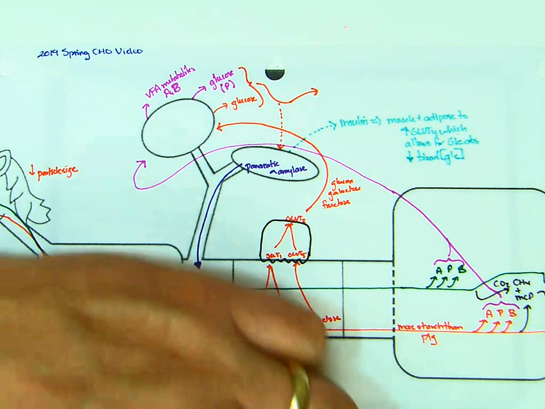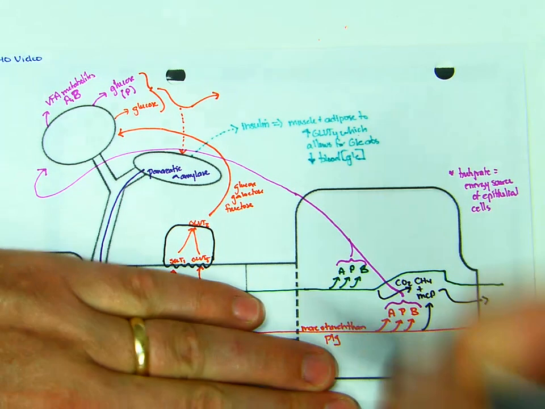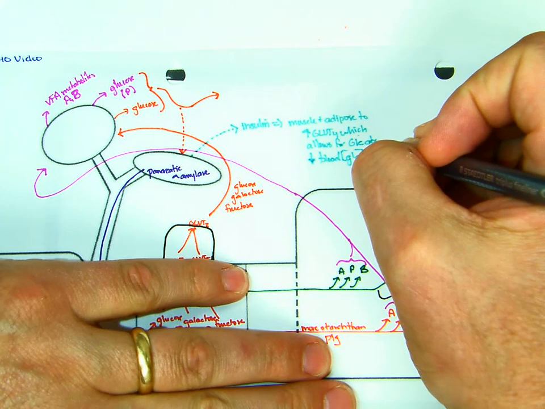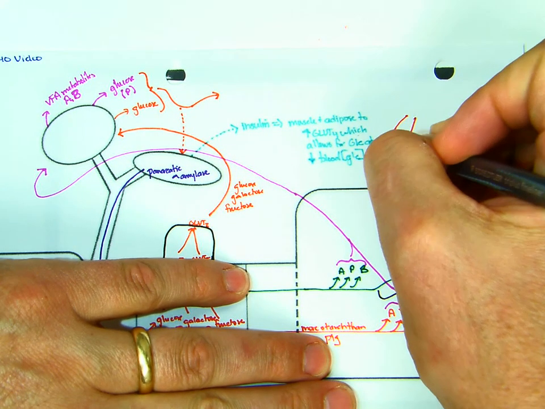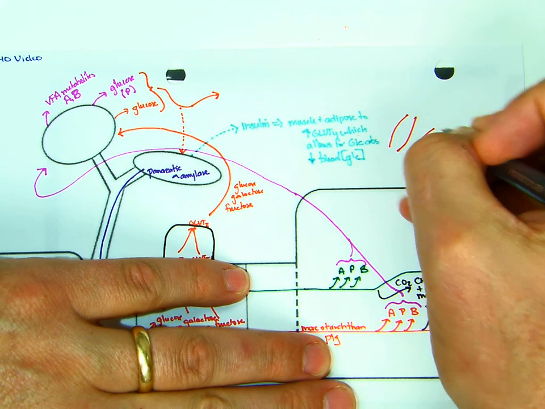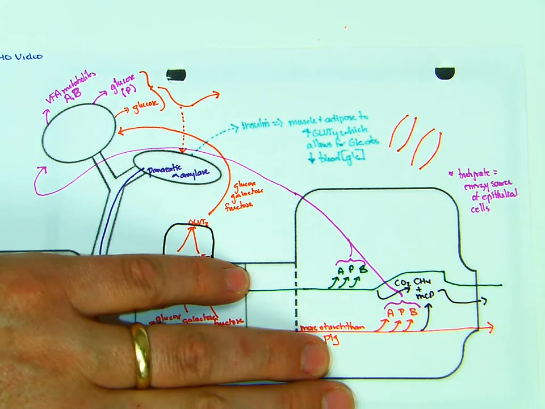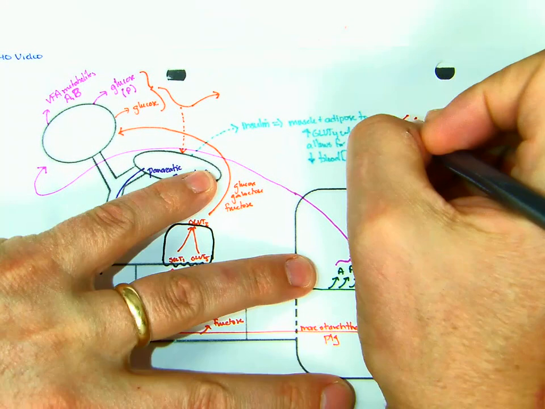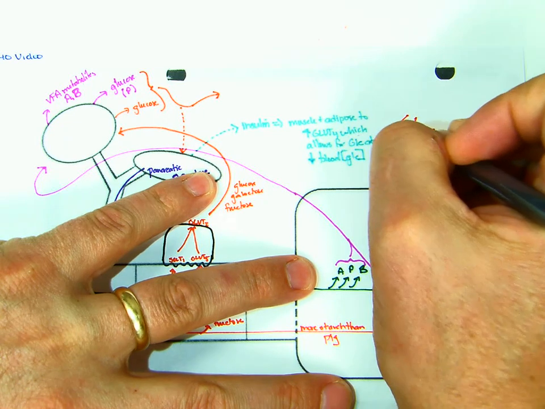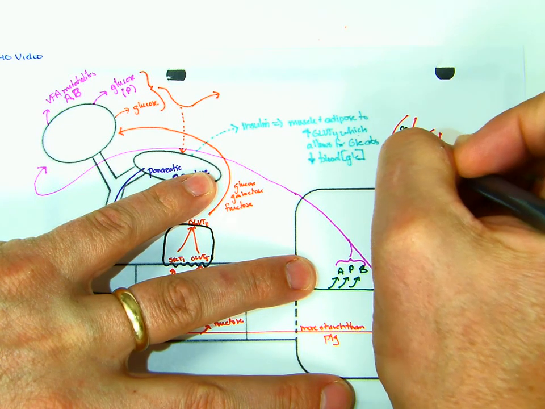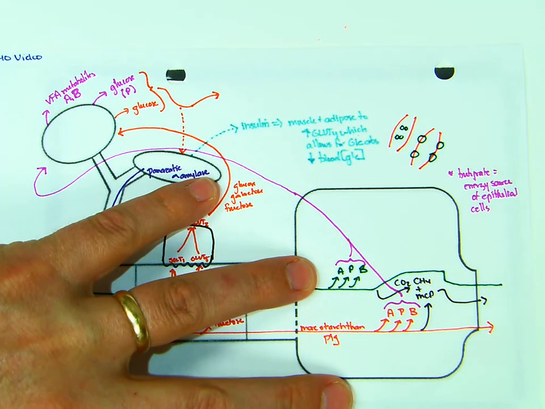Okay. On the horse, we'll draw muscle cells just so you have different cells. Different way to look at it. So I have two muscles. One has GLUT4 inside, the other has it outside, allowing for glucose absorption.